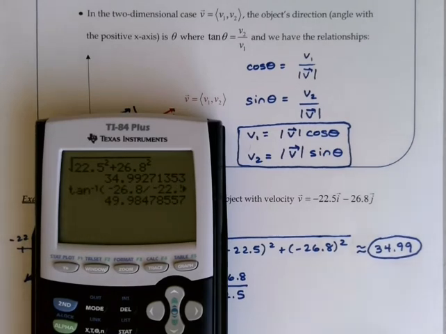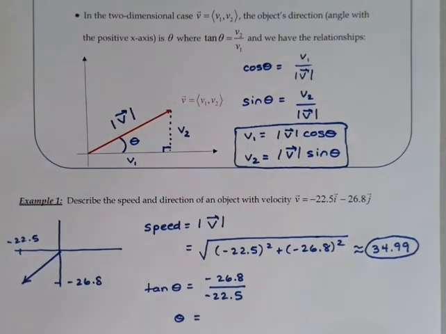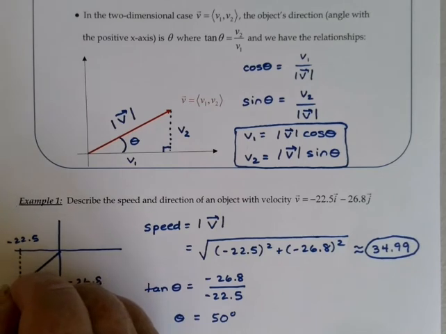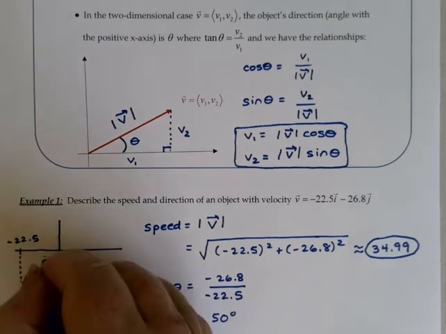And I'm getting about 50 degrees. I'm going to round that off to 50 degrees. And we have to be careful here because, of course, with the inverse tangent, I'll always get an angle between negative 90 degrees and positive 90 degrees. I'm going to have to interpret that angle in terms of my picture, since this happens to be a third quadrant vector. So that 50 degrees is actually this angle right here.